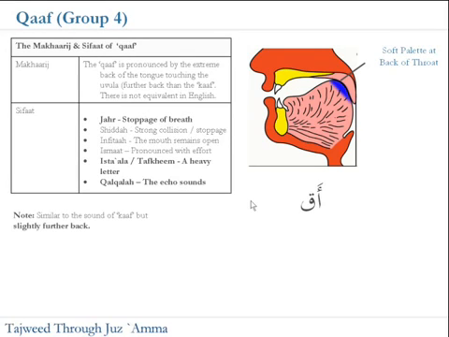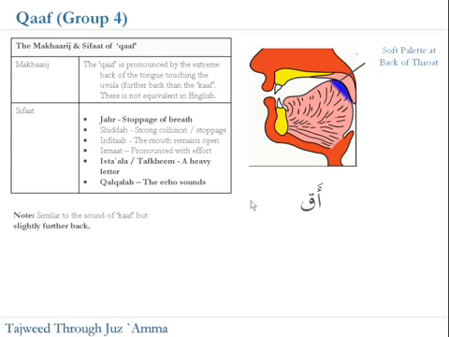Then we have the qaf, and this is the extreme back of the tongue touching the uvula. That's the dangly bit, most people call it, and all you have to do to get the sound of the qaf is to just move the tongue a bit back. So if you say kaf and then move the tongue back, you get the qaf. So if you say ka and move the tongue a bit back, you get the qa. So it doesn't actually require a lot of effort. So here we have aq, and this is one of the qalqala letters.